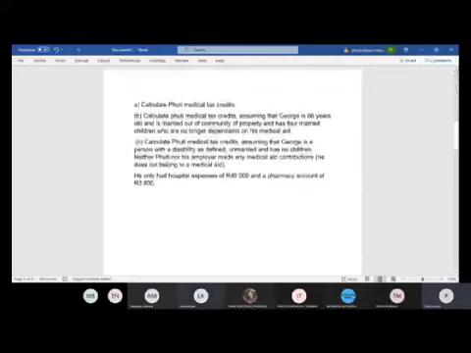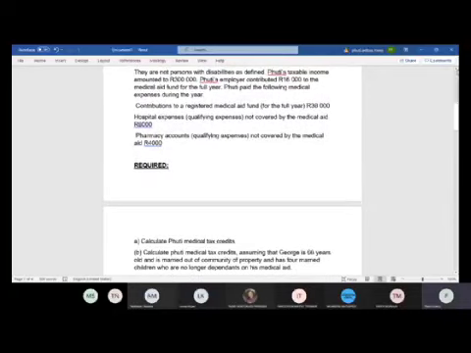Instead of George, it will be Puti, 66 years old, and is married out of community of property, and is married. I think he's married for 4 years with 2 children who are no longer dependent on his medical aid. Right. So let's have a look at this kind of question. Sorry, the first question says calculate Puti's medical tax credits.